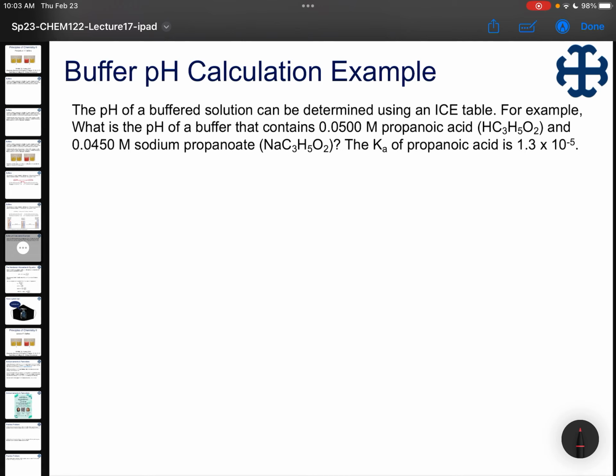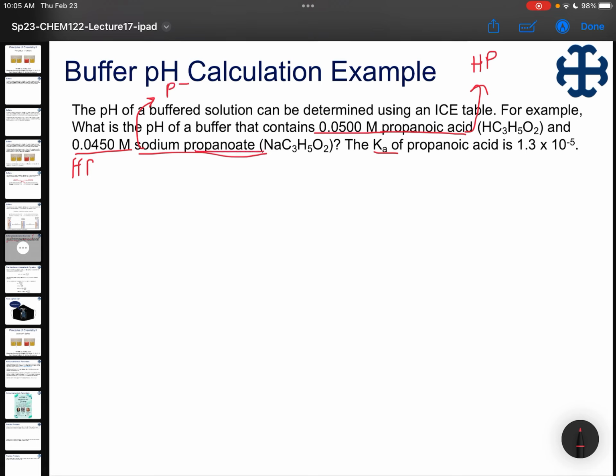So say we have this propionic acid and we have a certain concentration of the acid and its conjugate base, sodium propanoate. We're also given a Ka value here. So I typically tell you, write out the chemical equation. So I'm just going to call this HP to represent propionic acid, just for the sake of taking up less time, and I'm going to write sodium propanoate as, well, I'm just going to call it P- for propanoate.